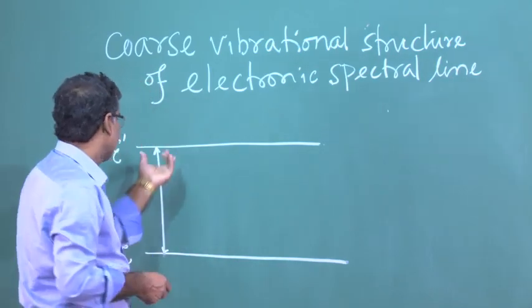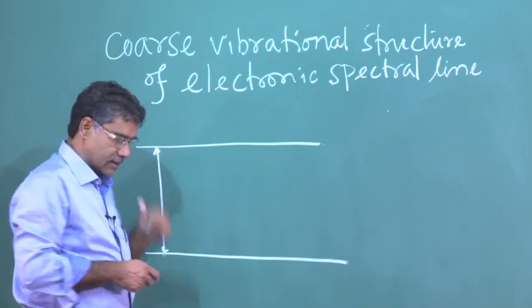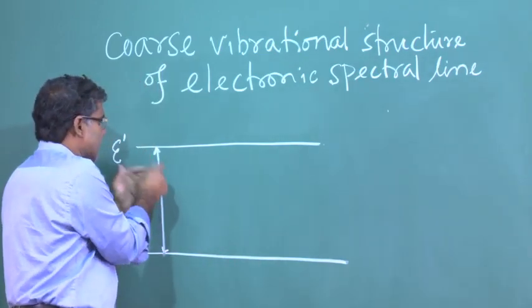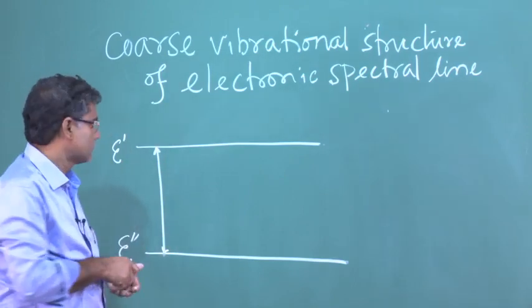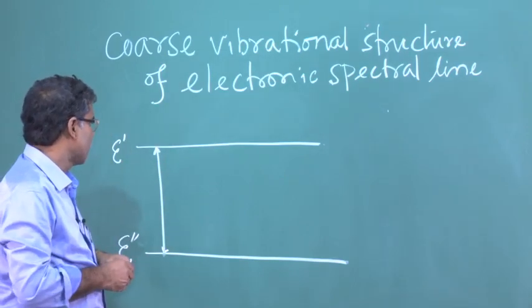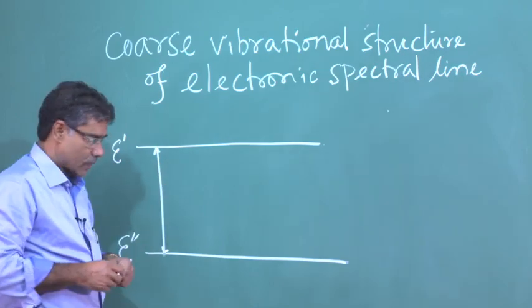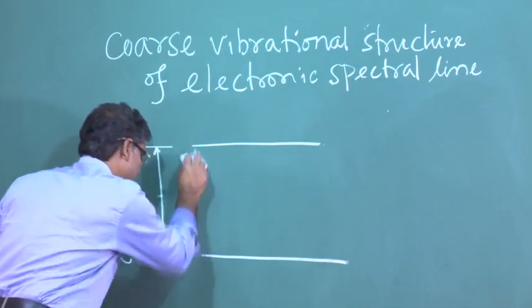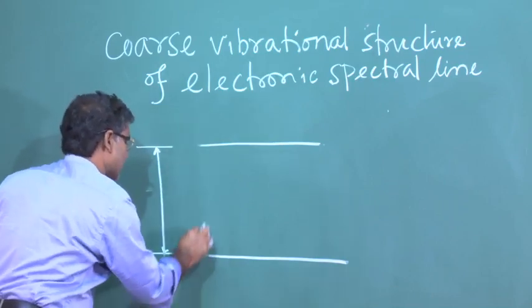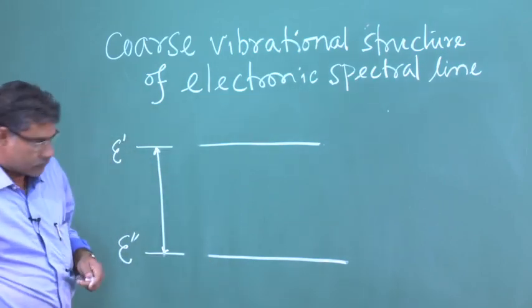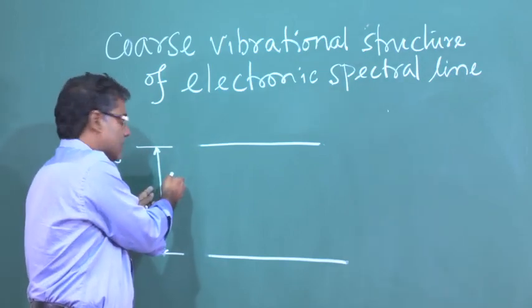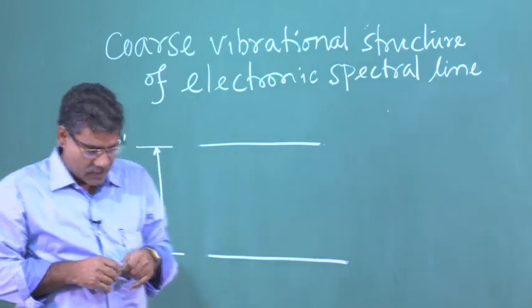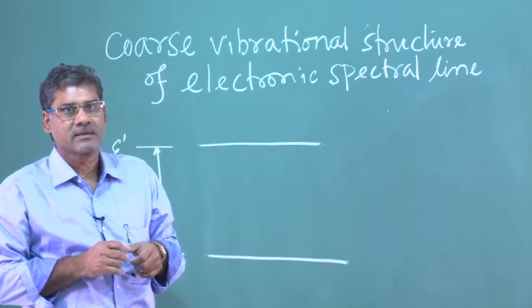Okay. So, now for each electronic spectral line, these lines are not basically one line. It consists of a group of spectral lines.